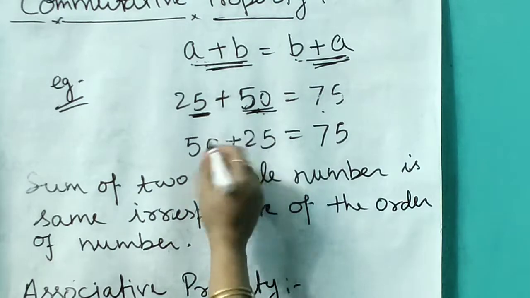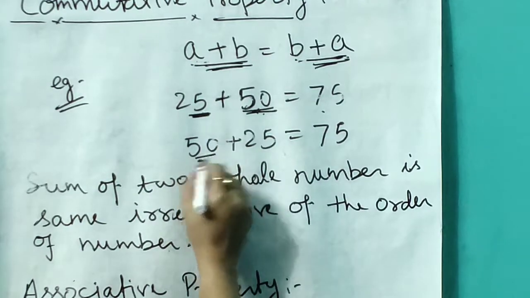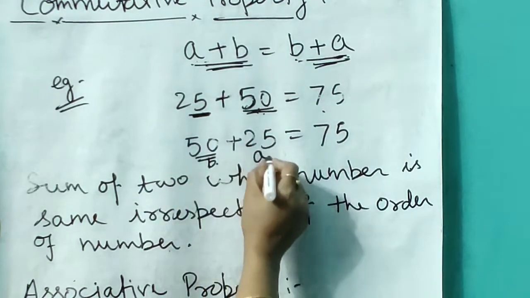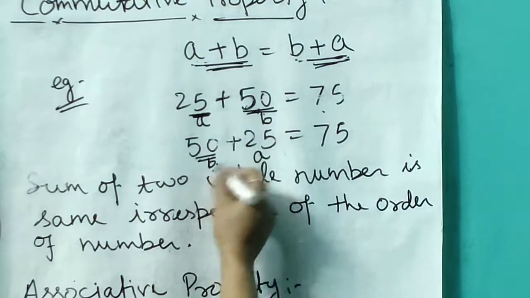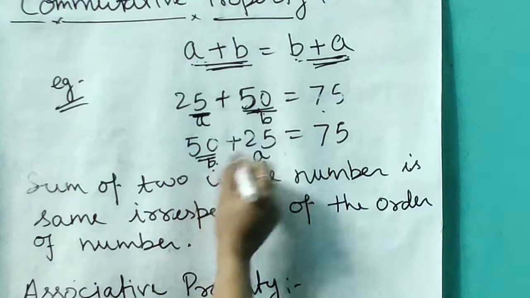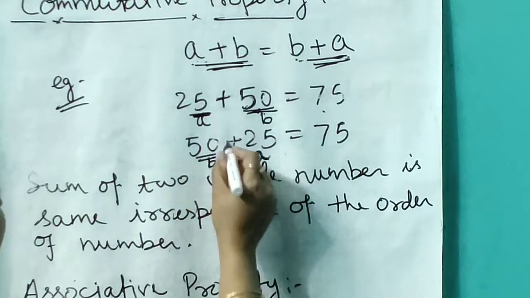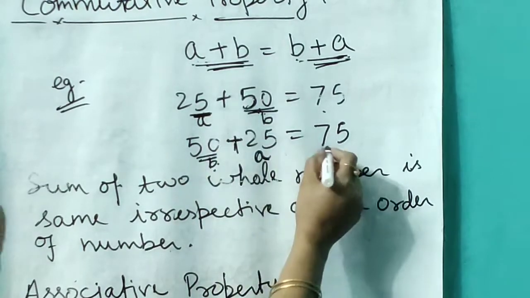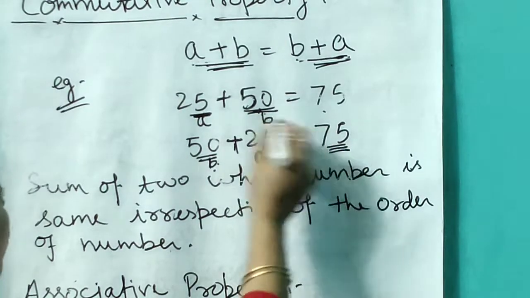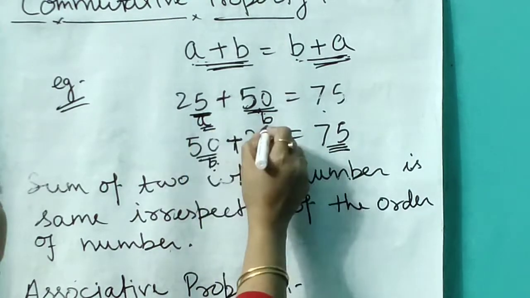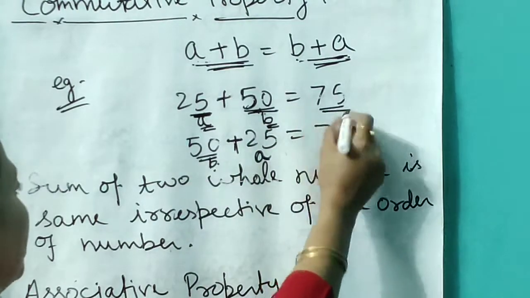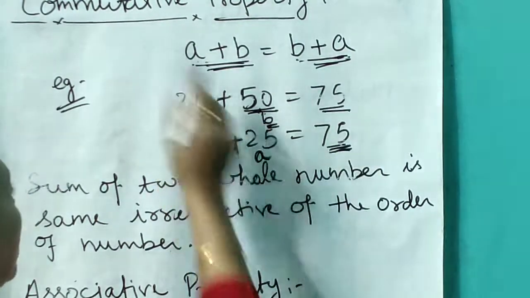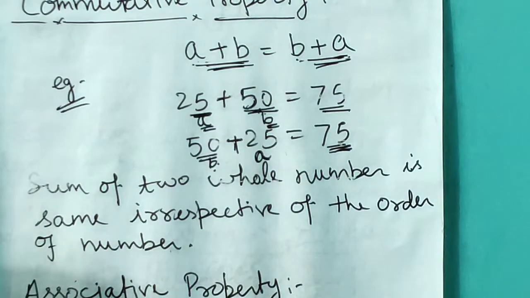Next time you add b plus a, that is, first you write b and then you write a, and then you add, again you get 75. It means what? If the order of the whole numbers is changed, a plus b or b plus a, the value remains the same. This is known as commutative property.